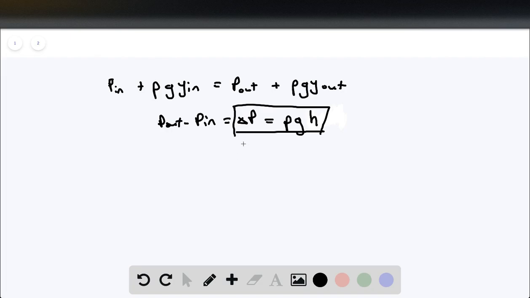And because both ends are open to the atmosphere, we don't need to factor in adding atmospheric pressure to any side, because neither side is closed off.